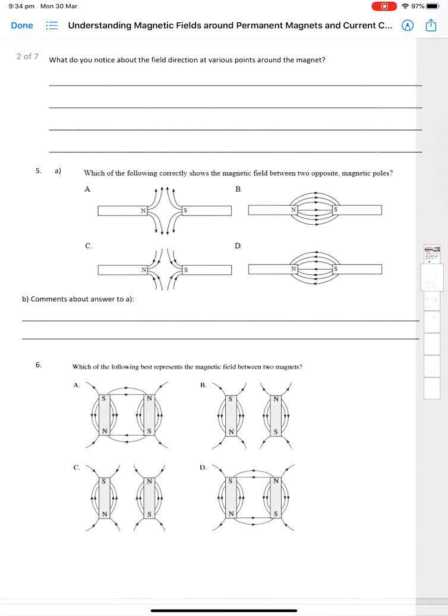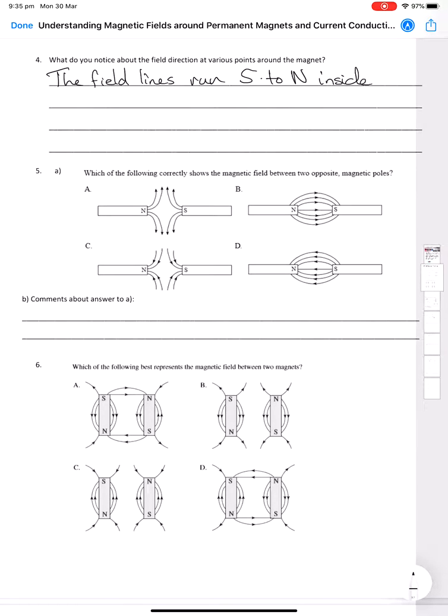So when we look at our next question here, what do you notice about the field direction at various points around the magnet? The field lines run south to north inside the magnet.